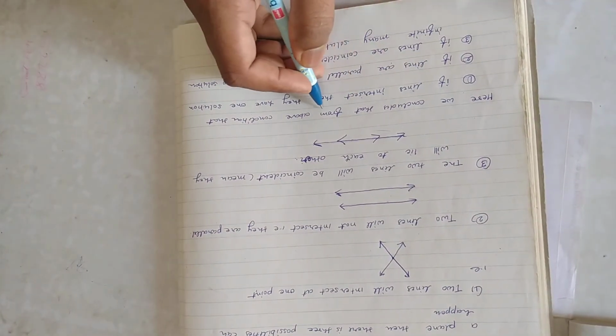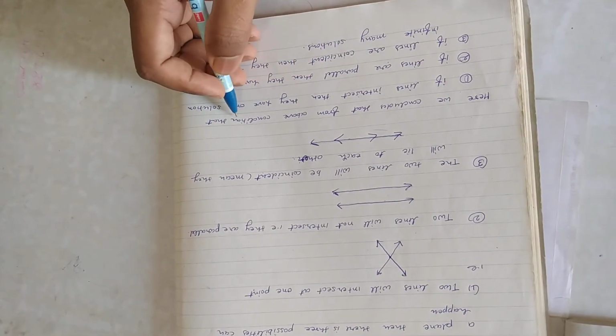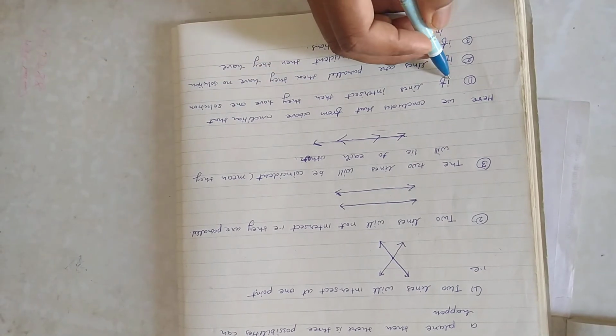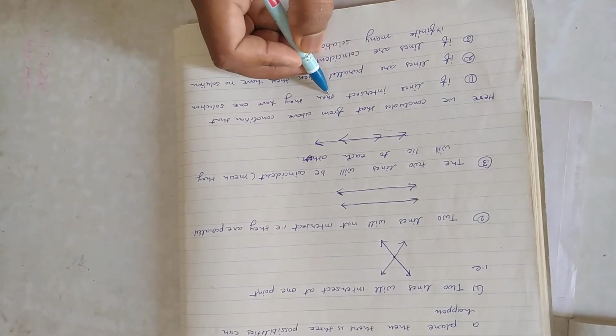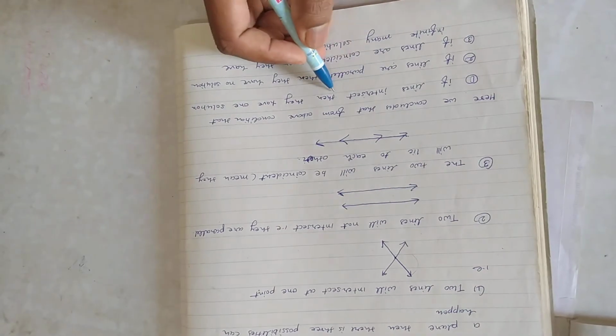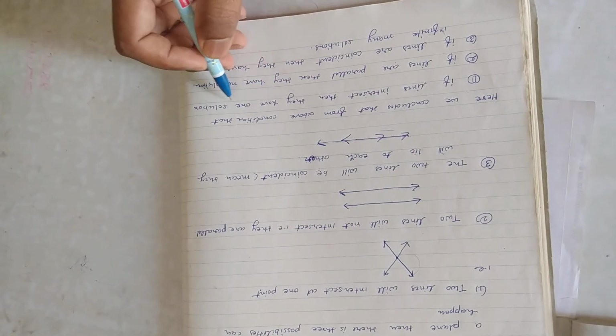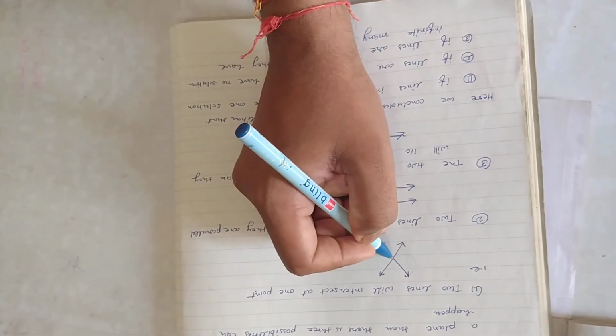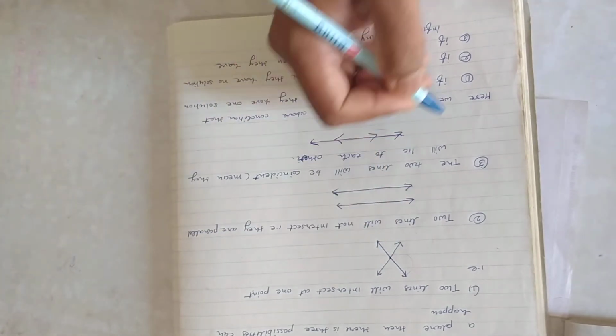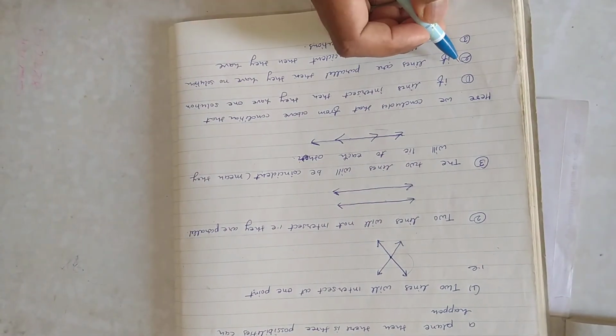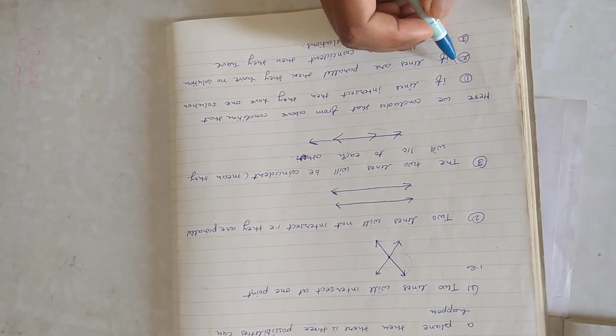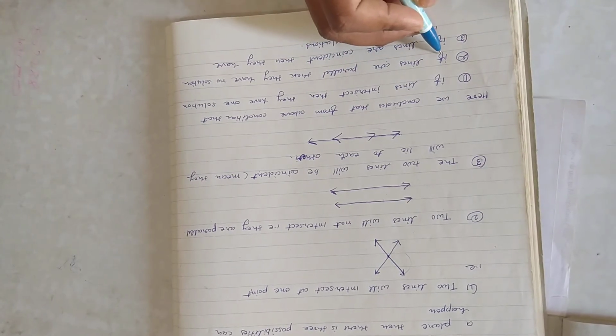Here we conclude from the above conditions: number one, if lines intersect, then they have one solution. This is the point of intersection, the solution of both combined equations.